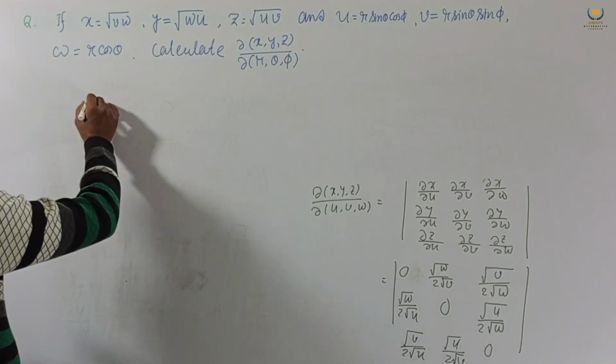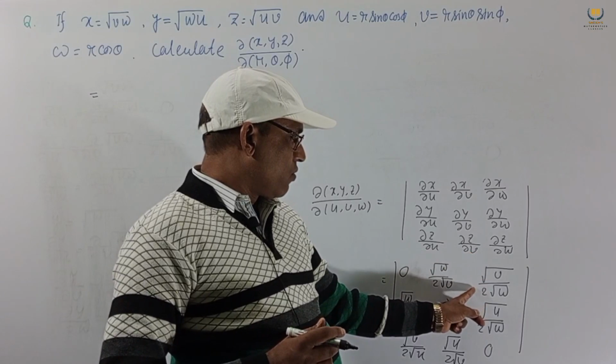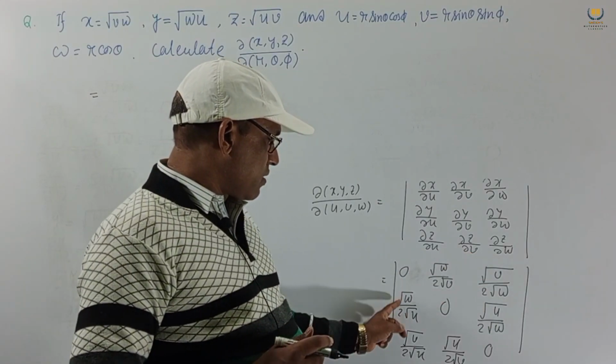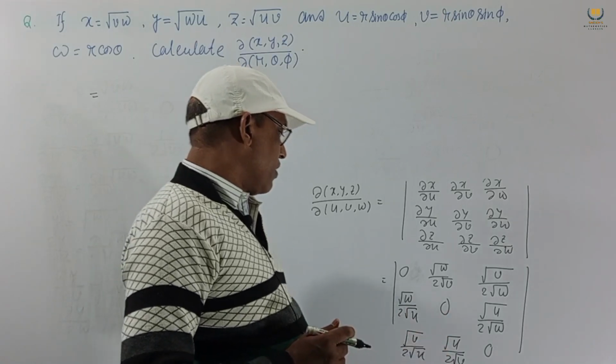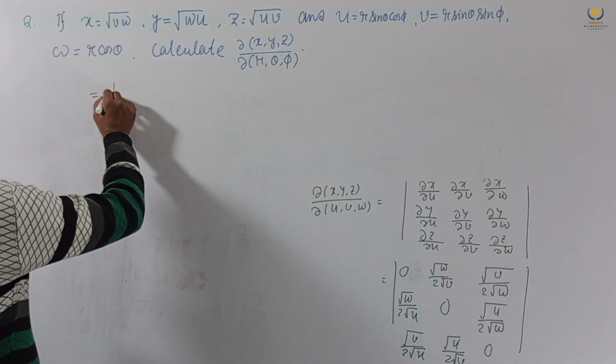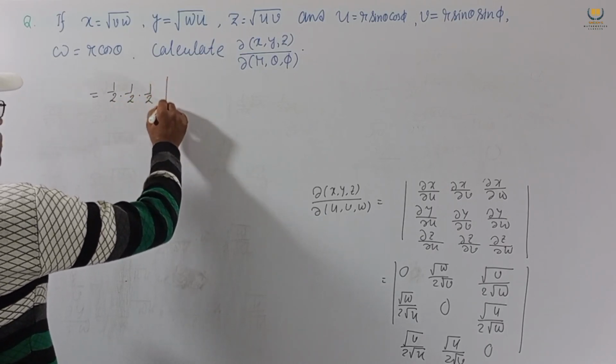Now if we expand this one, 1 by 2 common from this row, here also 1 by 2 common, and this row we get 1 by 2 common. So we get 1 by 2, 1 by 2, 1 by 2.